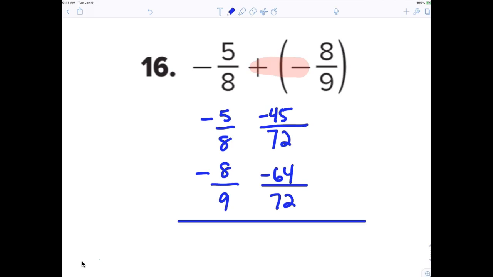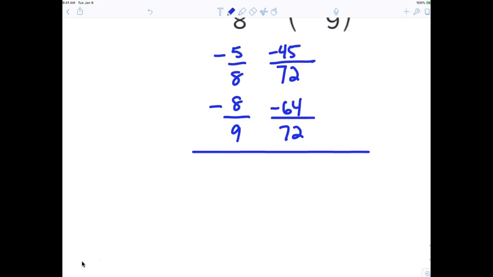What do I get? Beautiful. I'm happy with you, kiddo. Perfect. -109 over 72. And that's a fine answer right there. We do not have to convert it to a mixed fraction. Everybody okay with that?